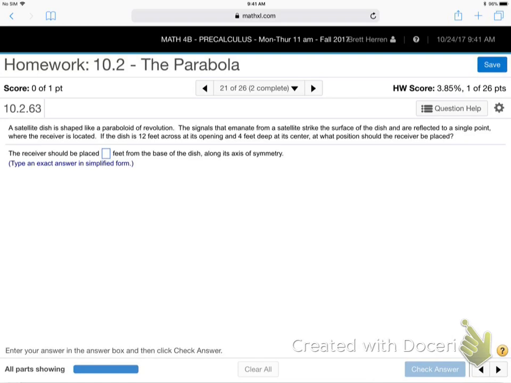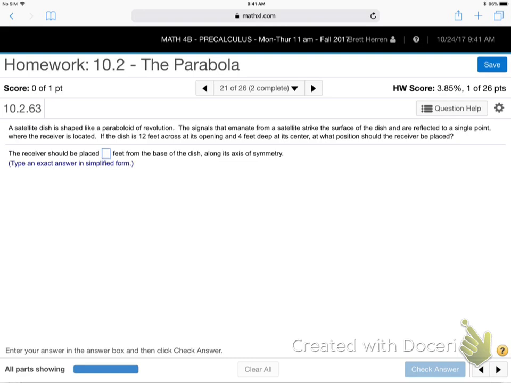Okay, so it's probably hard for you to read all those tiny little words there. Let me give you the highlights. Basically, what they're saying is they have a satellite dish. It's shaped like a paraboloid of revolution, which means a big three-dimensional parabola. It's like what I told you about satellite dishes.